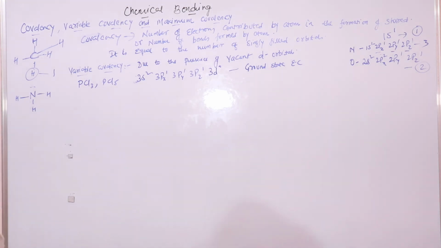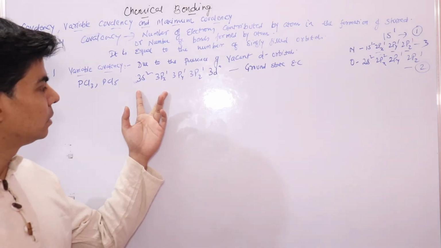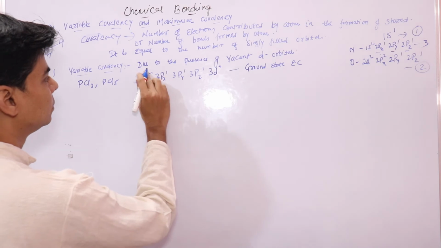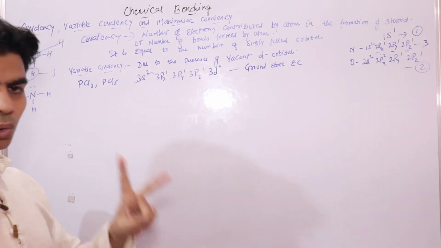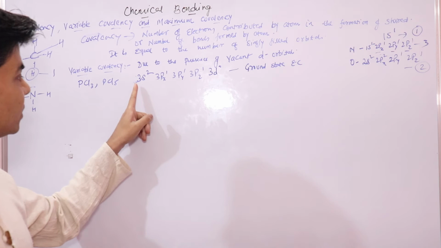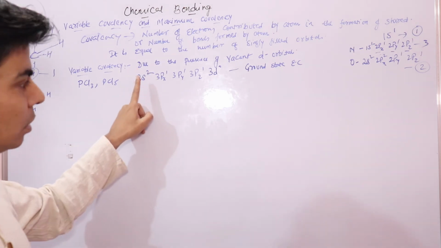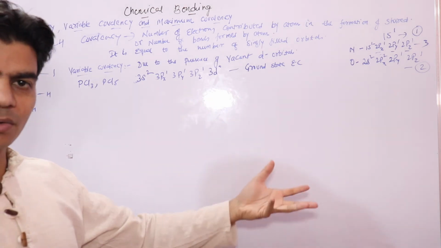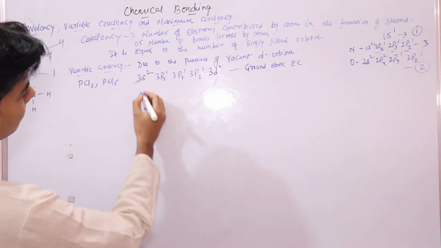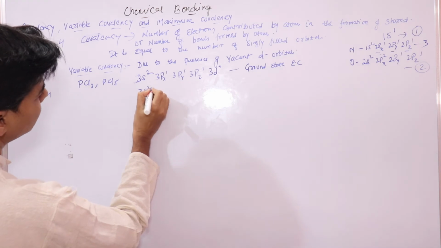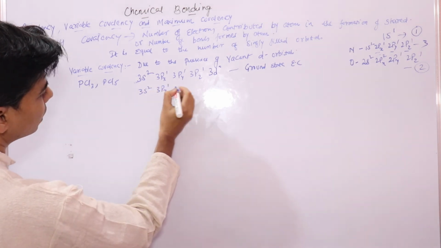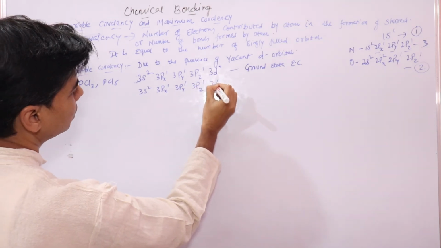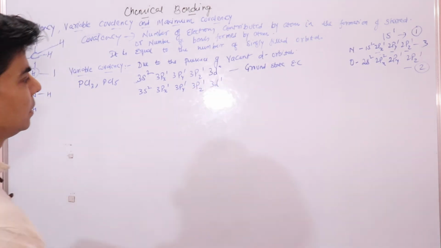Now we can make, since this s orbital has 2 electrons, right? So if somehow we will transfer this electron to vacant d orbital, right? So the number of vacant orbitals would be, in that case, 3s2, 3px1, 3py1, 3pz1, 3d1, right?